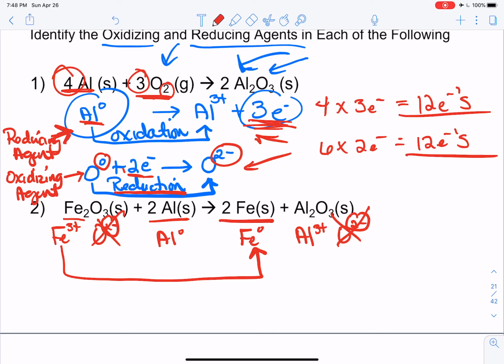So what you have is +3 going down to 0. So is that oxidation or reduction? It's reduction because the number is reduced. An iron +3 will have to gain 3 electrons to go to iron 0.